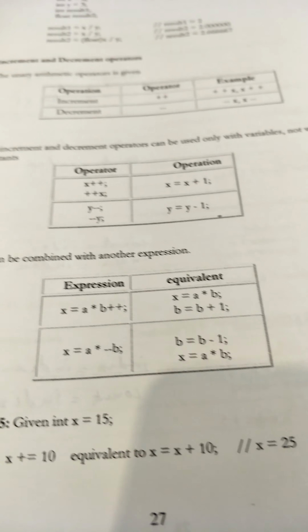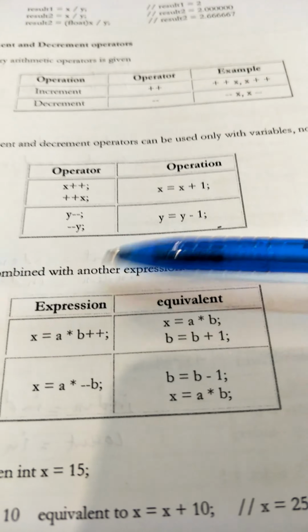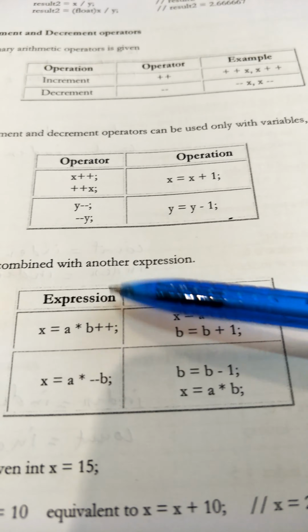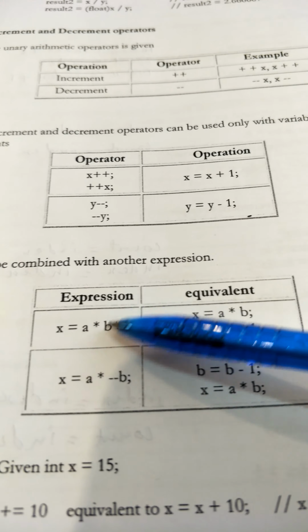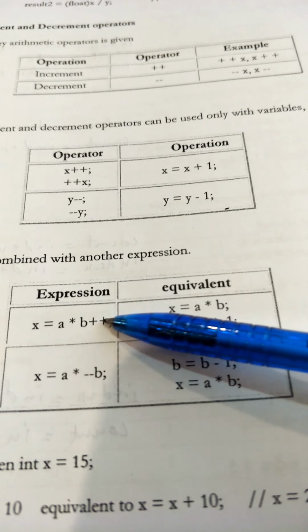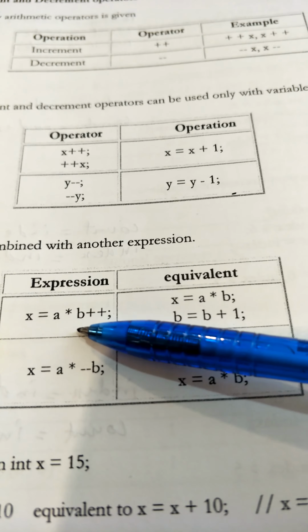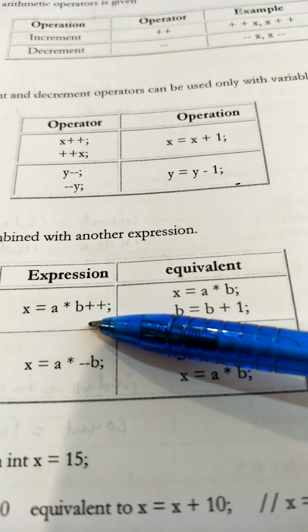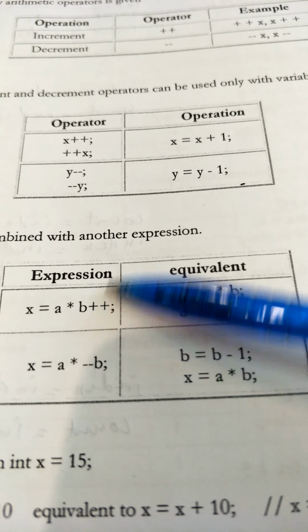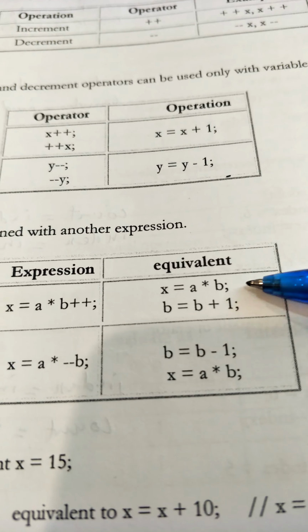And this is a couple of combinations of the expression. We have x equal to a times b++. What does this mean? You can write this in C so it becomes shorter and looks more compact compared to this. It gives the same meaning.